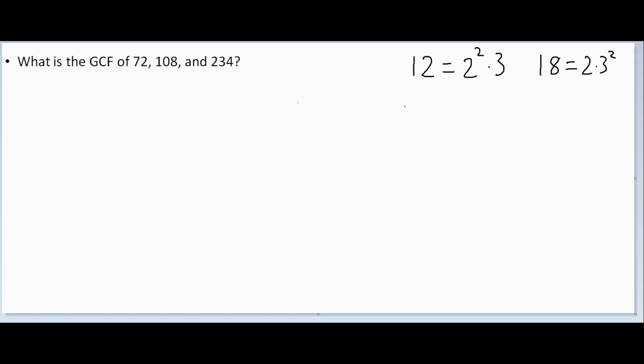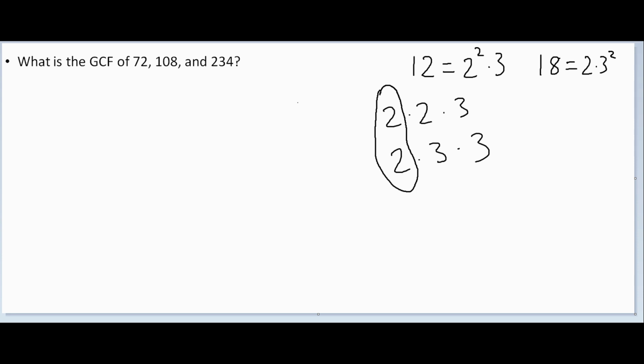So one way you can do it is actually write out the factors and say, okay, 2 squared times 3 is the same as 2 times 2 times 3. 18 is 2 times 3 times 3. And so you can say they each have at least one factor of 2 in common, so we can circle the 2's.